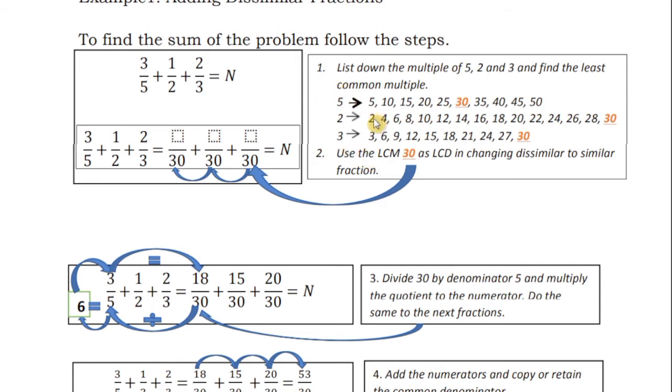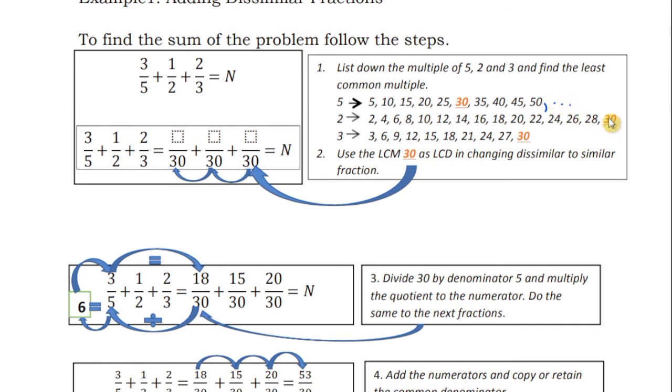We could still have another set of common multiples here, but we just get the least number. So the least is 30. So now the LCM for that is 30.